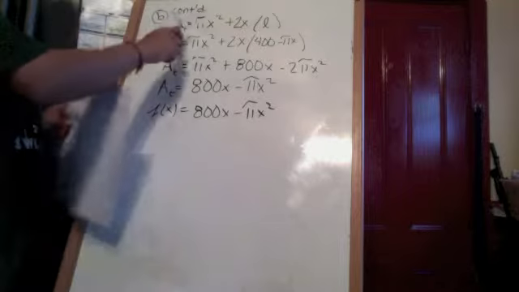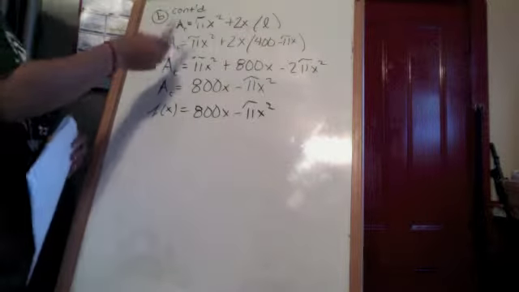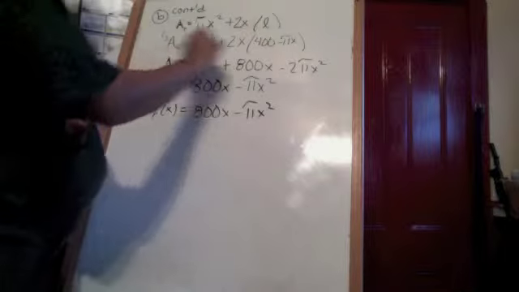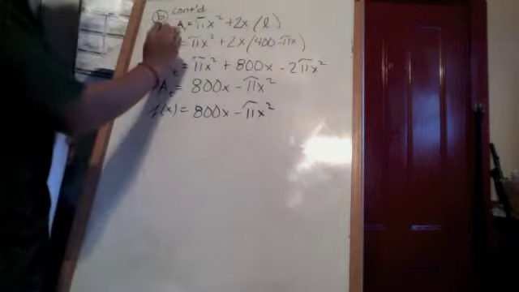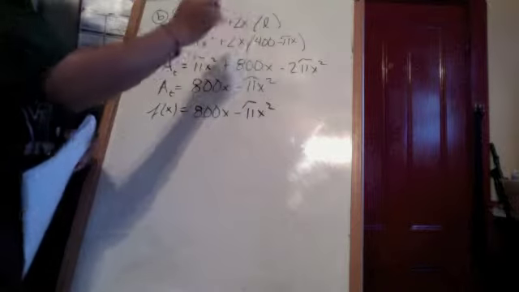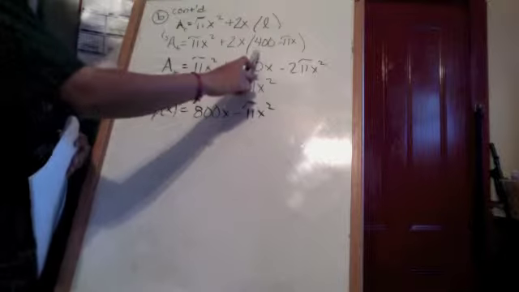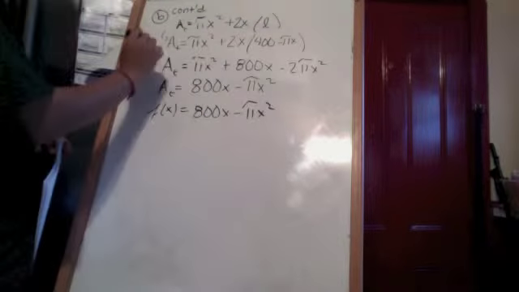So moving on to part B, we're going to plug in the information that we got from part A. So the total area that we got was pi x squared plus 2xL, and we found what L was. L was 400 minus pi x from our original formula.